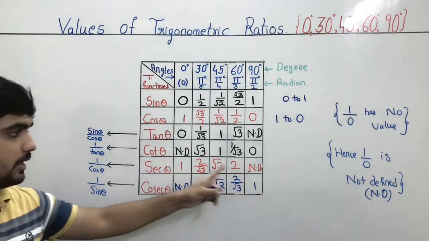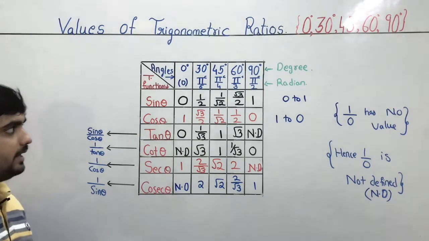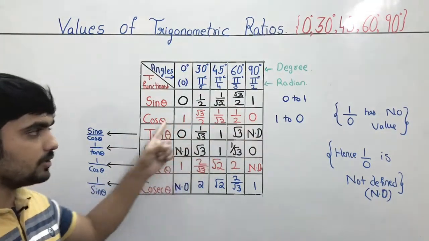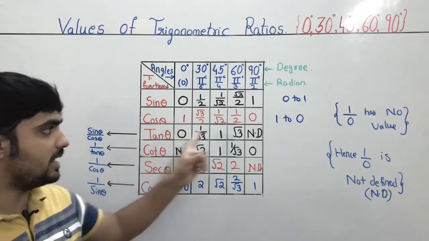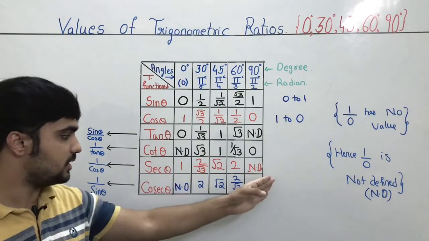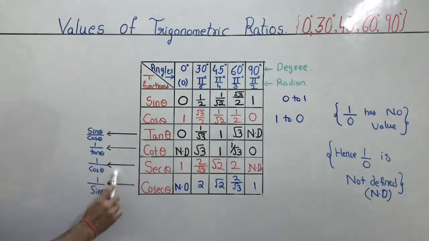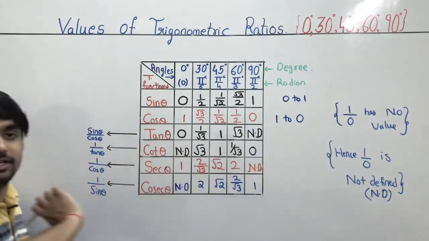Wait, in the reverse order these are not defined, 2, 2 upon root 3, root 2 and 1. All these values are of cosec theta. So we can see the trend: sine in this direction is cos in the opposite direction, tan is cot, and sec is cosec in the opposite direction. You have to remember this and this condition.